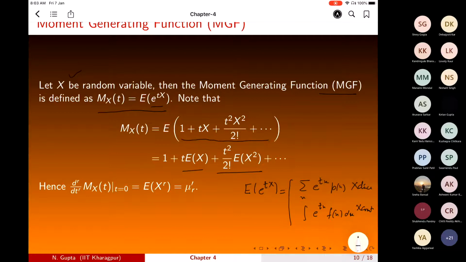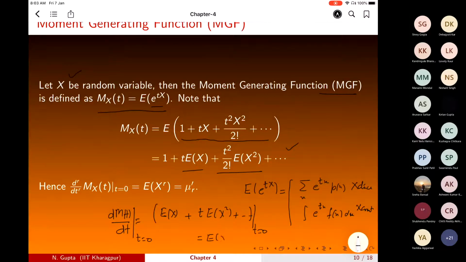Okay, so now once we know this, then we can take the derivative. For example, first derivative we take, so we will get expected value of X plus t expected value of X square plus so on. After that we will put t equal to 0.